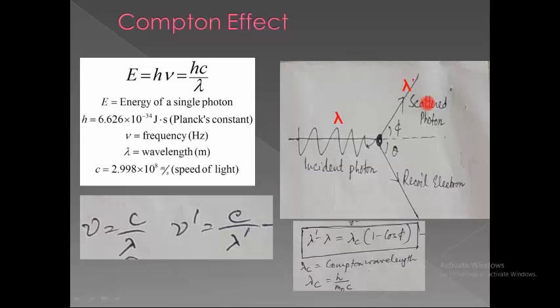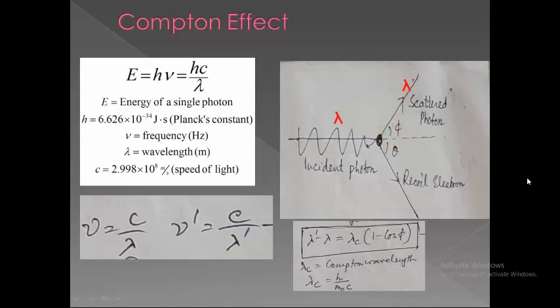And why does it change to red? Why does it not change to, say, ultraviolet? Because when you hit the electron, some of the energy goes to the electron and the remaining energy is what you carry out. When you have less energy, your wavelength increases. So it becomes blue to red.